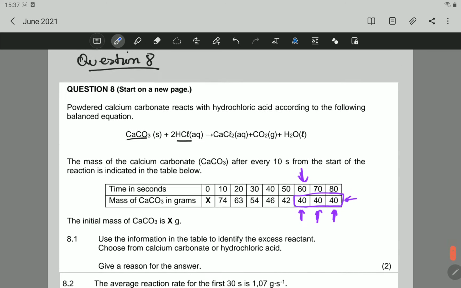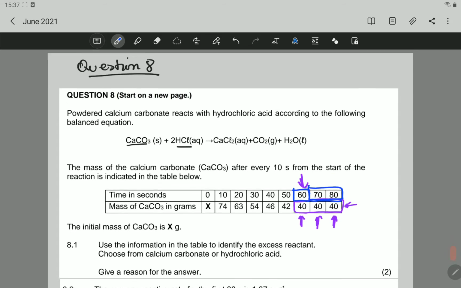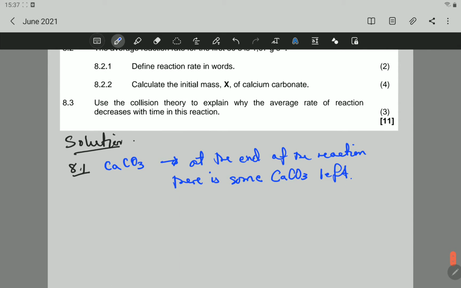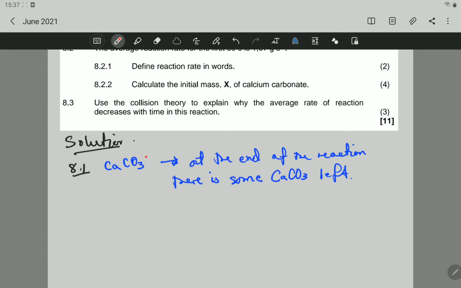You go to the table, you see the reaction finish right there. The reaction ends there, and then for the rest of the time we were measuring the mass of the substance, it stayed constant. We still have 40 grams of calcium carbonate left. So that is the excess reactant. Here is very straightforward marking. 1 mark for identify, 1 mark for the explanation. You get 2 marks for that question.